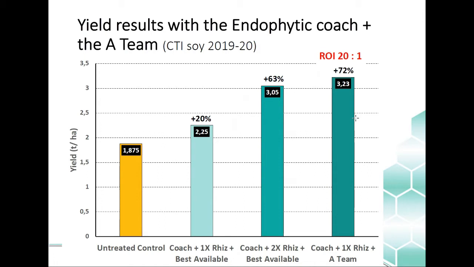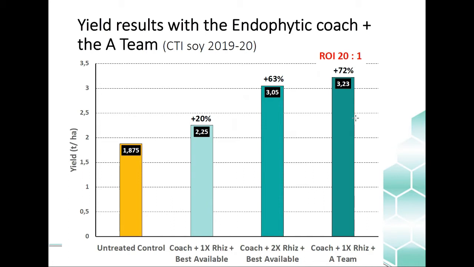We not only treated it with the coach and waited for it to establish the best available team, we also gave it a single dose of rhizobia. This was virgin soil, and we gave it a single dose of rhizobia, and it put together its best team. There you could see a 20% yield increase.